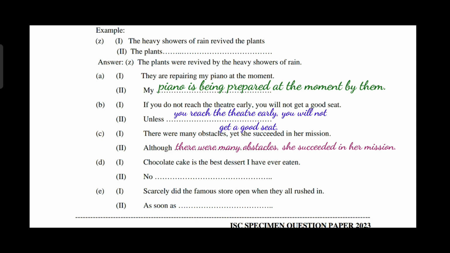Next, D. Chocolate cake is the best dessert I have ever eaten. Best dessert, best superlative, degree of comparison. You will have to begin with no, dash. And we all know the rules of how to transform sentences by changing the degrees of comparison. If the sentence is supposed to begin with no, the degree of comparison will be positive degree.